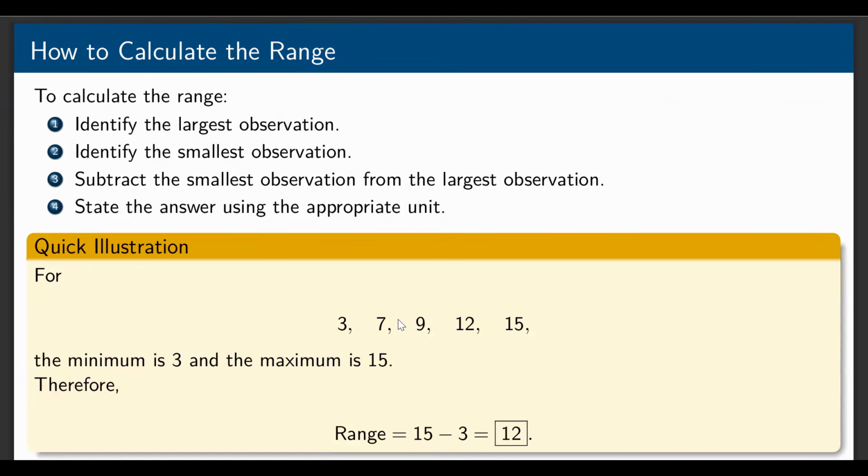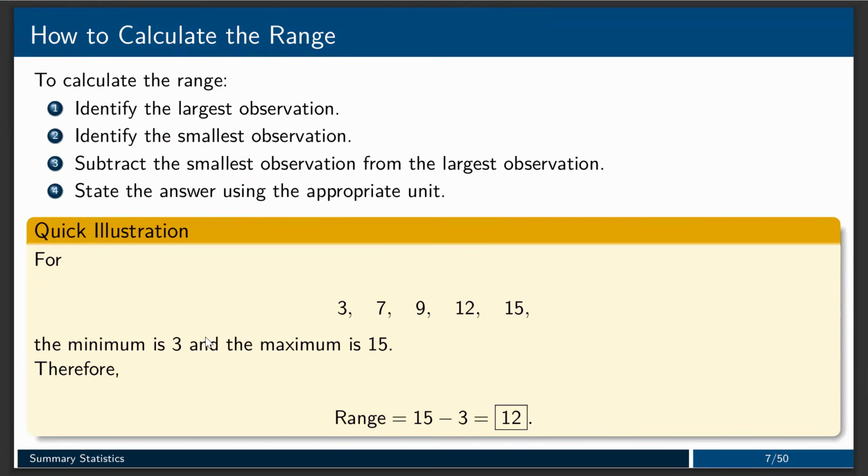We have 3, 7, 9, 12, and 15. The smallest value is 3, the biggest is 15. So the range is simply taking 3 out of 15 to get 12.